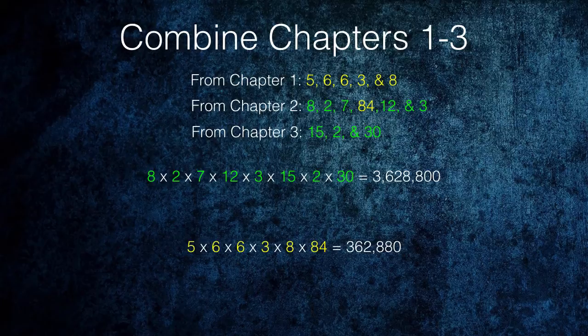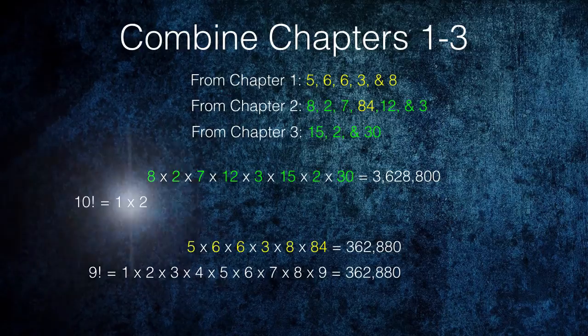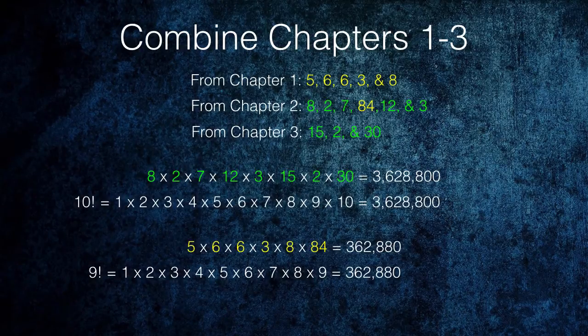The bottom number is what is called factorial 9, which is 1 times 2 times 3 times 4 times 5 times 6 times 7 times 8 times 9. That comes up to the number we get when we multiply the yellow numbers. The other, factorial 10, is essentially the same number with just another 0. Both of these numbers were considered sacred numbers.